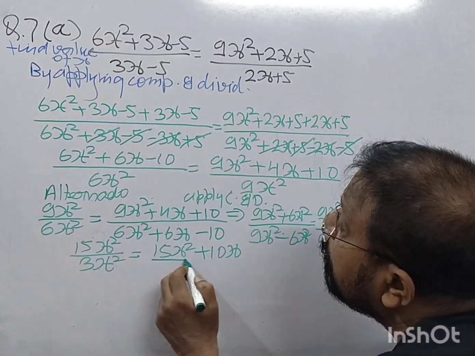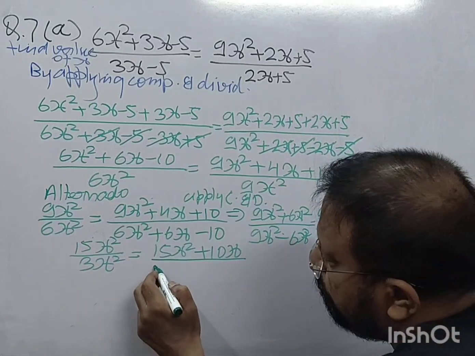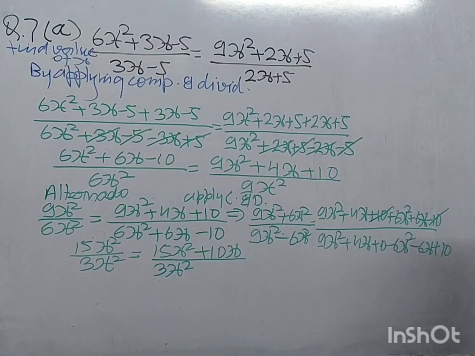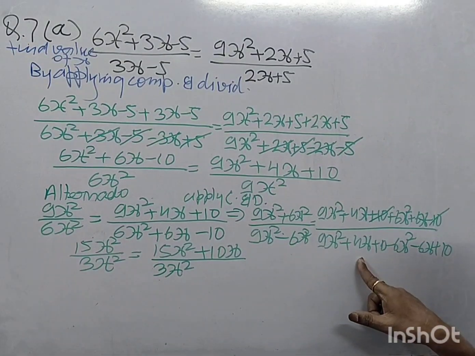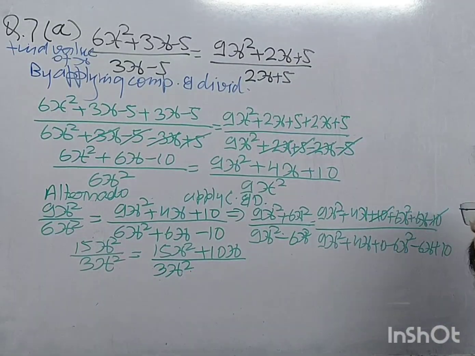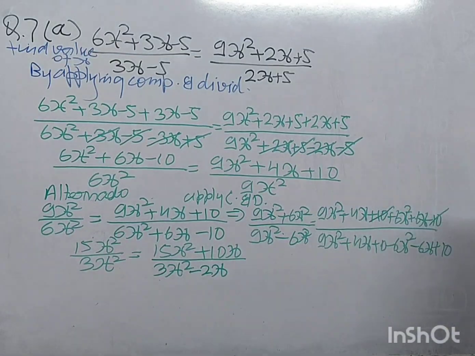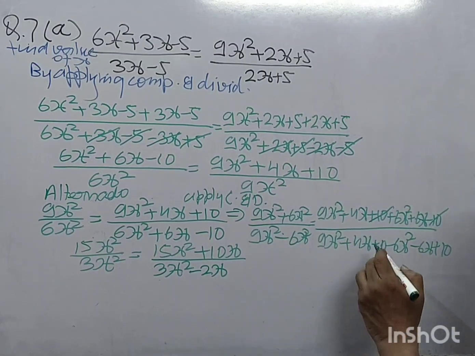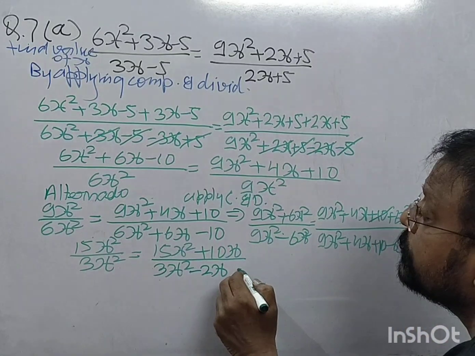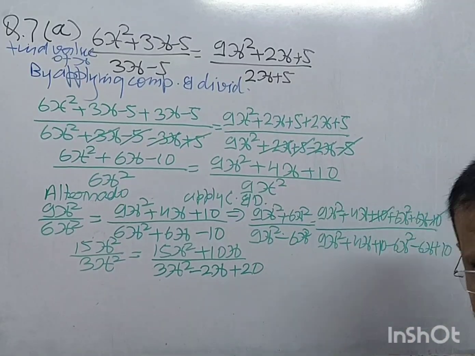Upon 3x² minus 2x plus 20, since 4 minus 6 becomes minus 2x, and 10 plus 10 becomes 20. Right?